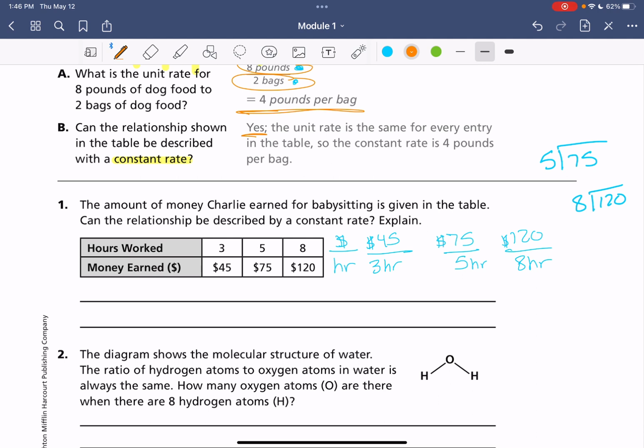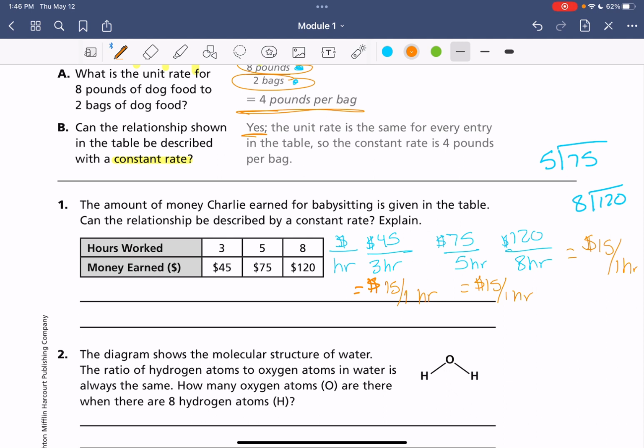And when we do this, we end up realizing that this is $15 per 1 hour. And that it is the same, it is the constant $15 per 1 hour and $15 per 1 hour there as well.